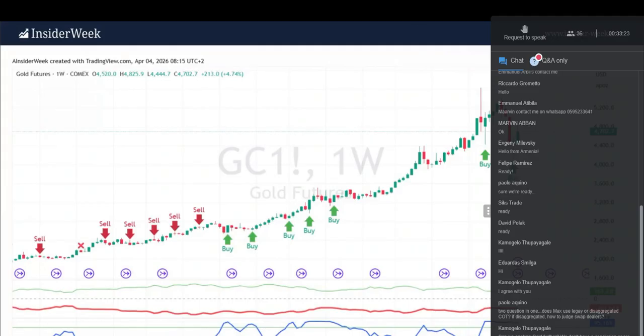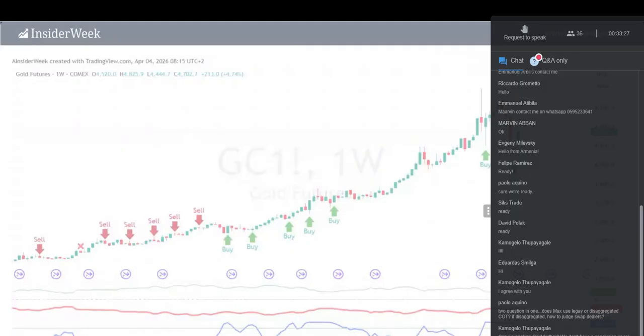So I want to see, for example, here, a sideways move, like this, for several weeks, and also here against the buy signal. And then a breakout to the upside in the direction of the previous trend. This would be the pattern I'm waiting for, and the same in crude oil as well.